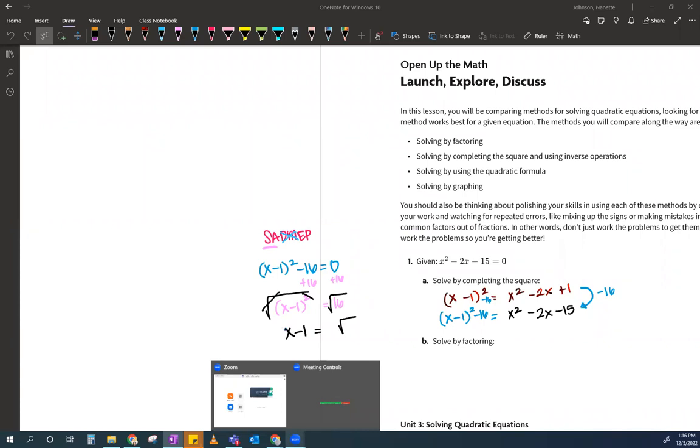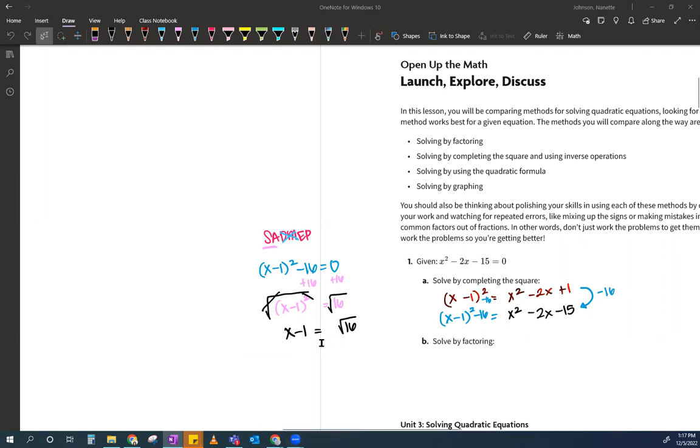What can't you forget? What do I tell you every single time you take the square root? You can't forget what? Anybody remember this? Someone said it earlier. Yeah, we don't divide right here because there's nothing being multiplied. That's why I wouldn't divide.